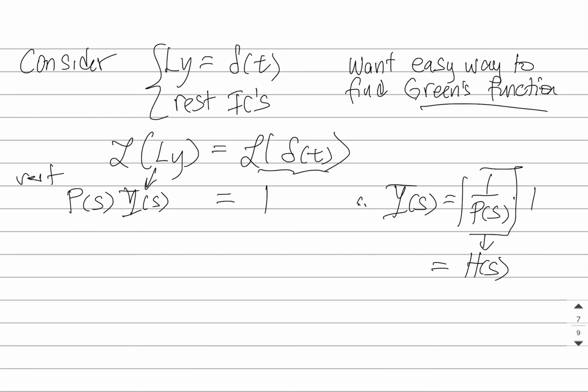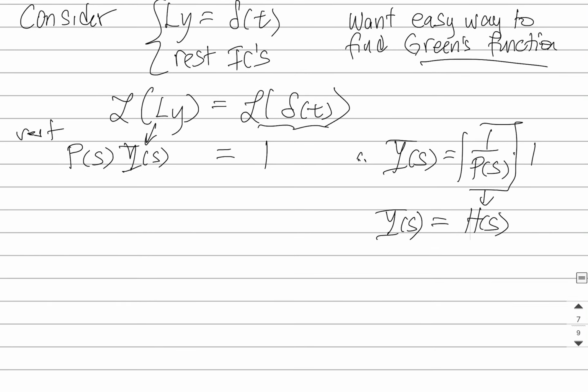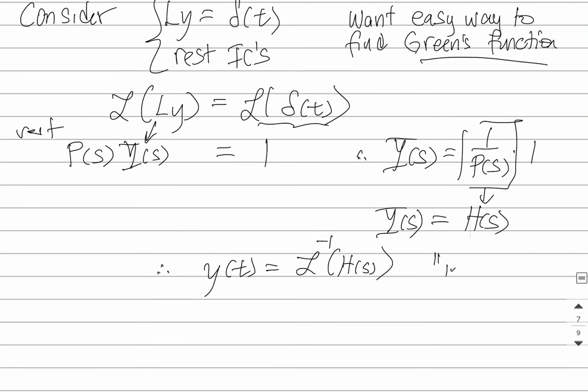And so what we get here is that our transformed solution is just the transfer function. We want to get the answer, so we need to take the inverse of this. And that is what we call impulse response. Now, impulse response is really important for mathematicians, for physicists, for engineers.